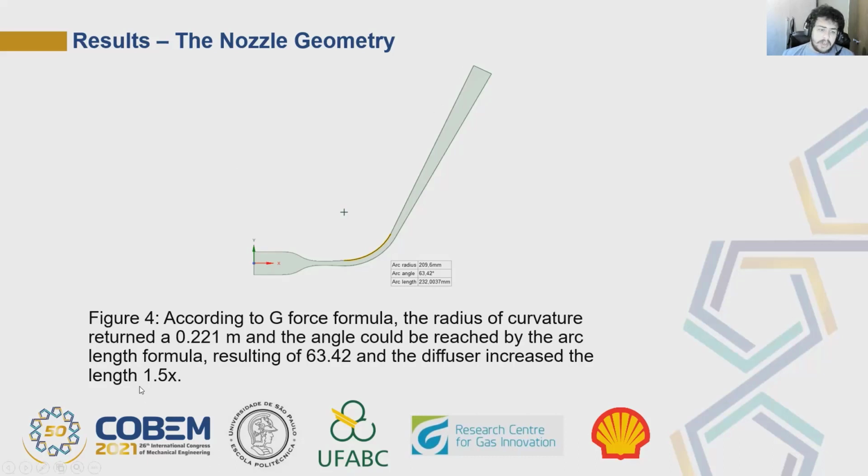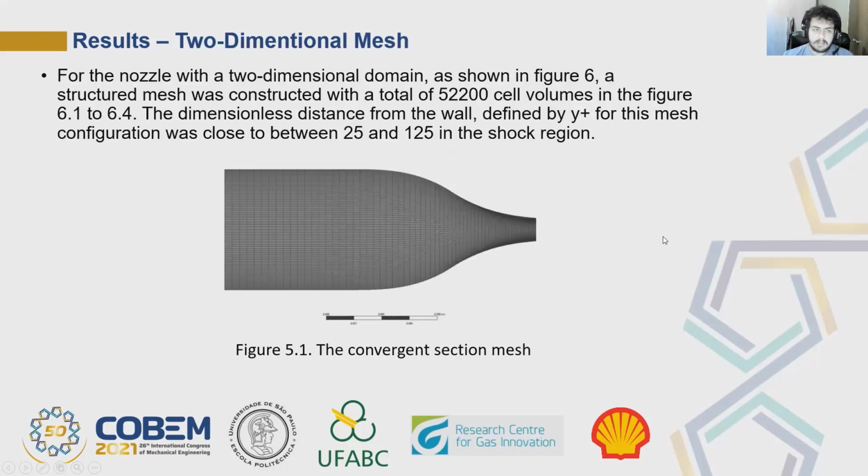And we increased the length of the diffuser by 1.5. For the mesh, we did a mesh study, okay? 52,200 cell volumes is an acceptable value, where the velocity field doesn't show change with the number of cells.